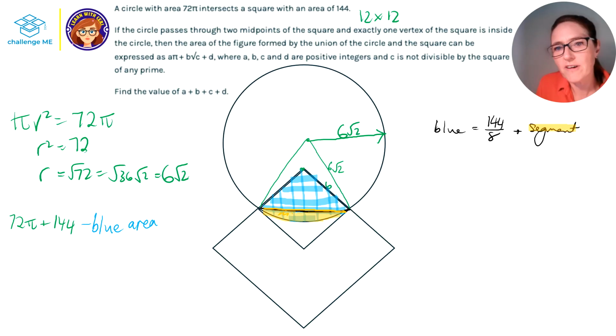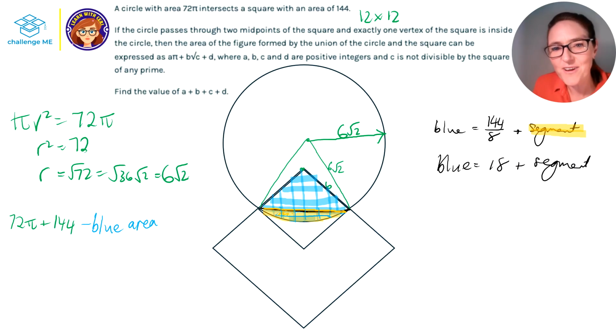So this orange segment. So that first bit, that 144 over 8 is 18. So we've got 18 plus the segment.